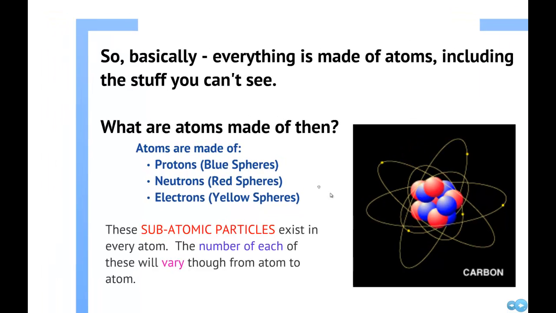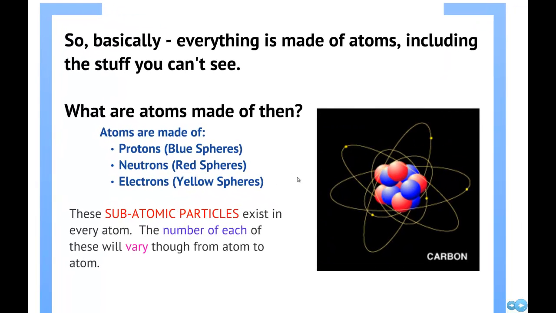It's kind of like saying that as a person, you are unique. Each person on this planet is unique, but we are all still made up of the same organs. Everybody has a brain, lungs, a heart, etc. Otherwise they wouldn't be alive. That's kind of how these things are. Carbon is unique from oxygen, which is unique from helium, but they all contain the same, to use the analogy, organs. We just call them protons, neutrons, and electrons. And without protons, neutrons, or electrons, you don't really have an atom.